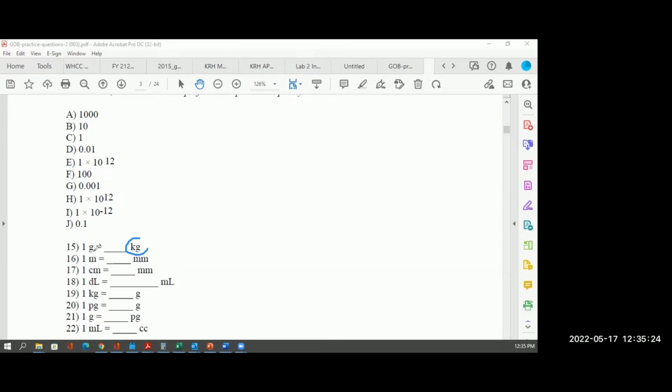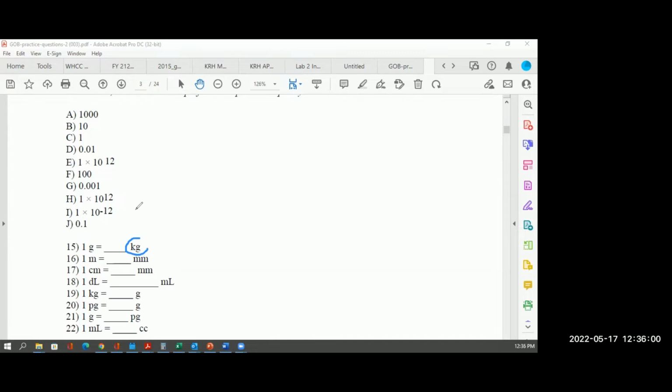So kilo, like a kiloliter, is a kilogram going to be 10 times greater than a gram, or 100 times greater than a gram, or 1,000 times greater than a gram? 10? Nope. 10 is usually going to be deci, like a decigram or a decagram, right?